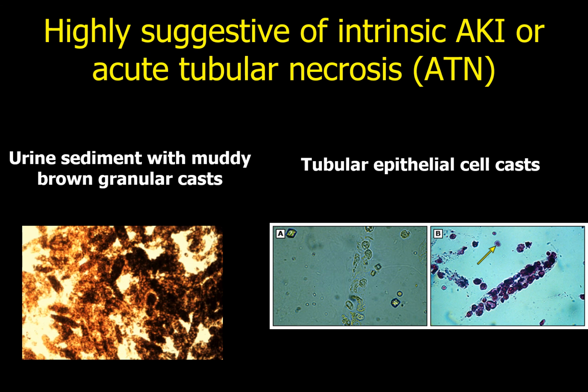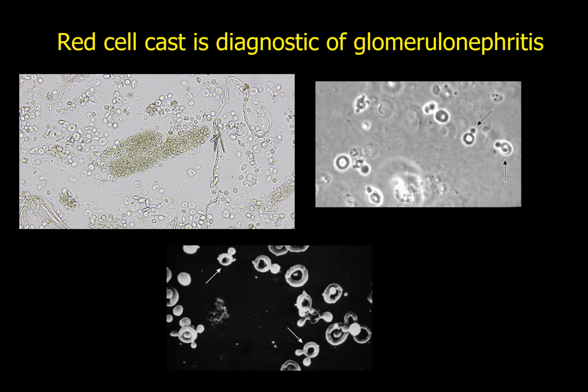Urine sediment with muddy brown granular casts and tubular epithelial cell casts is highly suggestive of intrinsic AKI or ATN. Red cell cast is diagnostic of glomerulonephritis. Shown here is a photomicrograph of red cell cast. You have your phase contrast image of a dysmorphic RBC and a scanning image of a dysmorphic RBC.